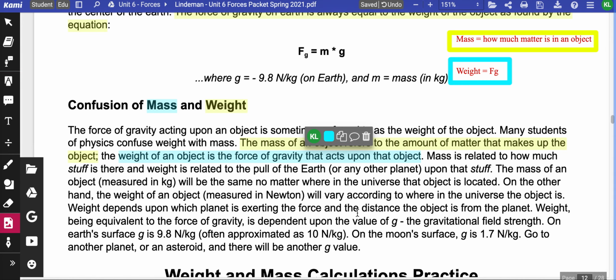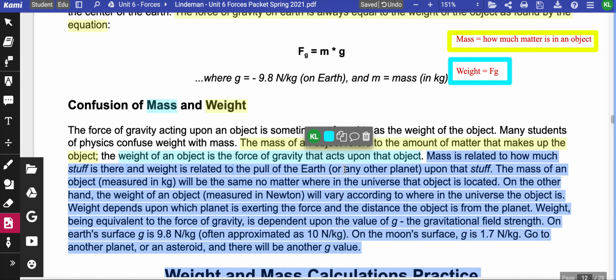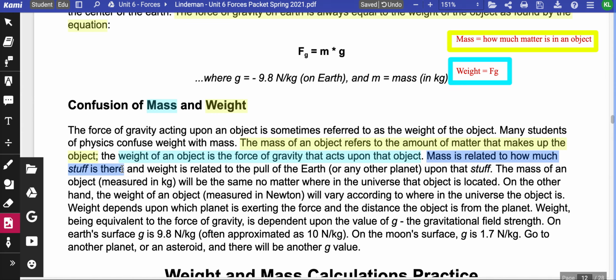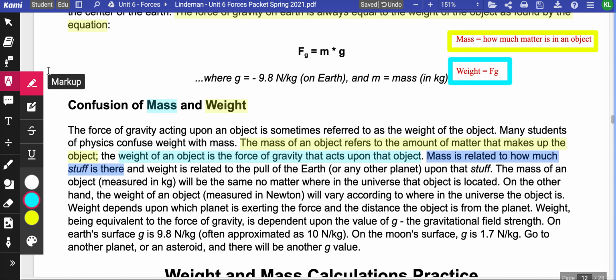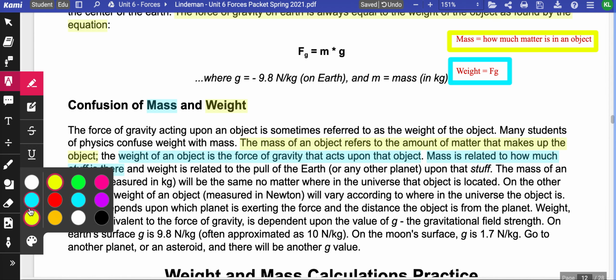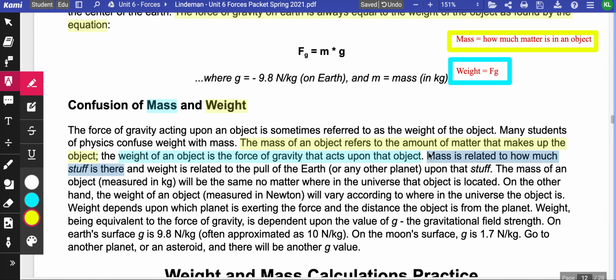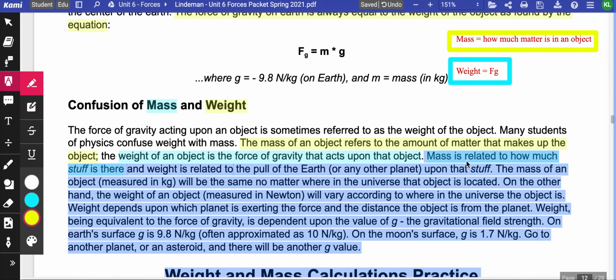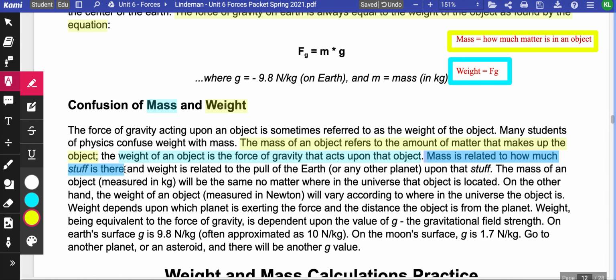So mass is related to how much stuff there is, and weight, did those in the wrong color. Weight is related to the pull of Earth or any other planet on that stuff.